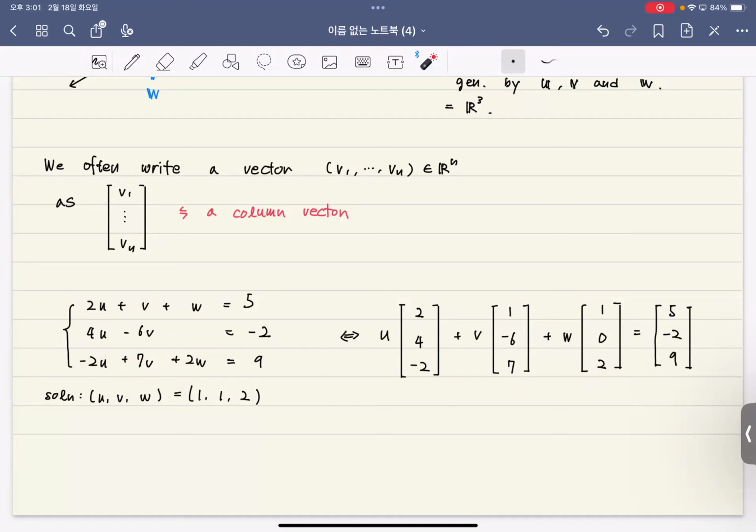What does it mean? It means that if I multiply the first column vector by 1, the second column vector by 1, and the last column vector by positive 2, then this is how you obtain this resulting vector using a linear combination of these column vectors. This is why Professor Gilbert Strang calls this the column picture of the system of linear equations. Okay.